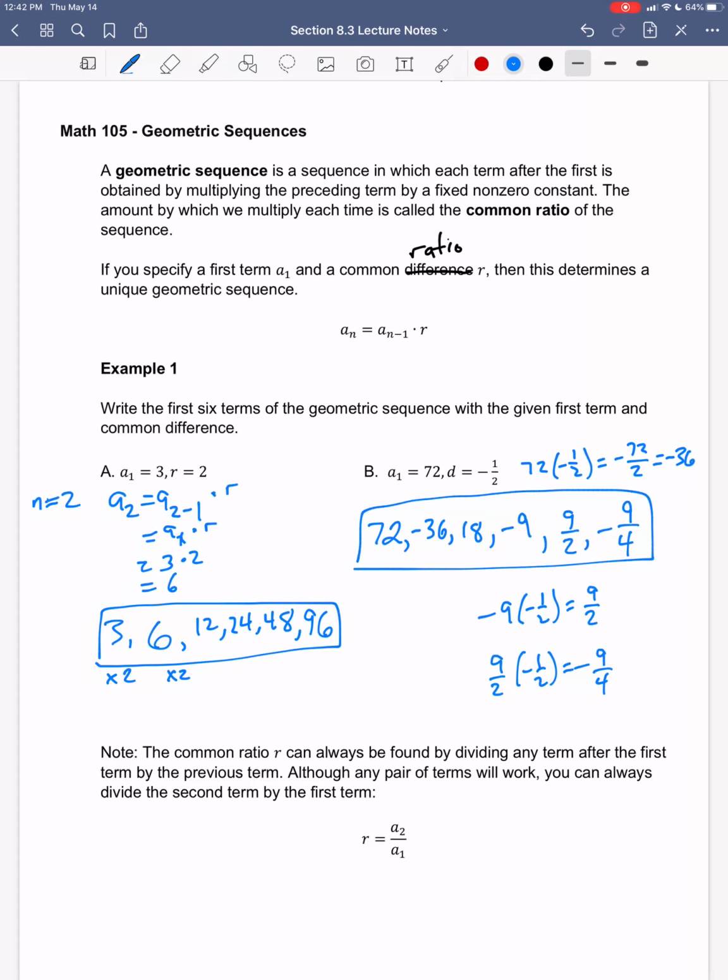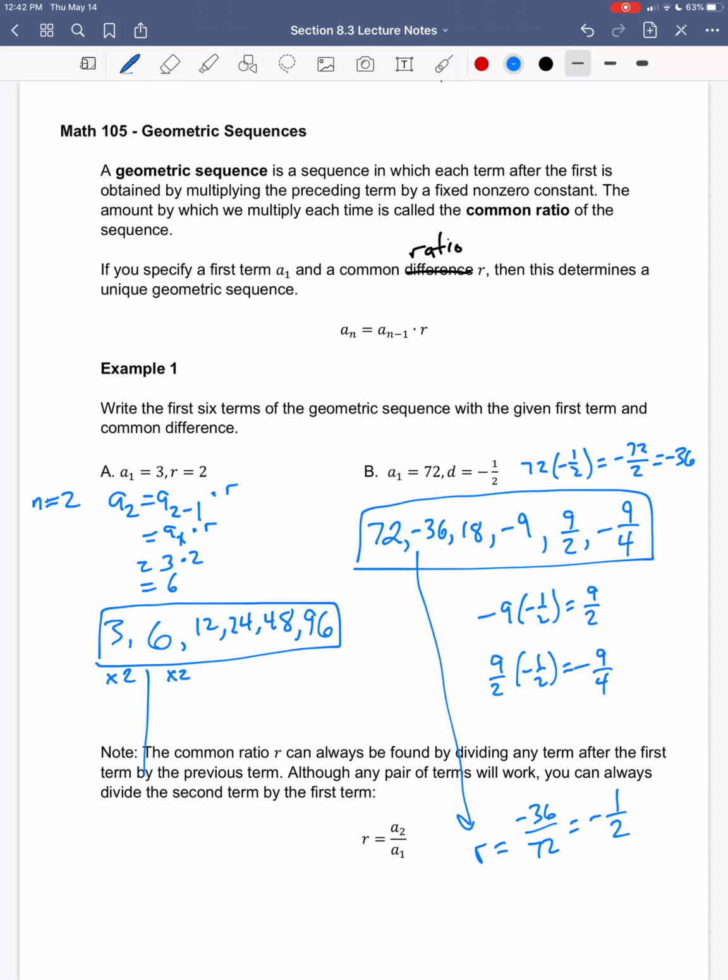The common ratio can always be found by dividing any term after the first term by the previous term. And although any pair of terms will work, you can always just divide the second by the first if you want. So we see here in part B, the second term is negative 36, the first term is 72, and when I simplify that fraction I get negative 1/2.